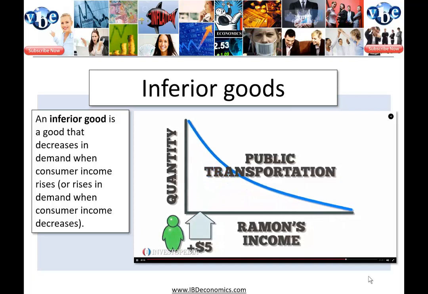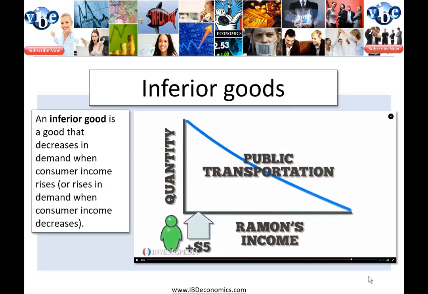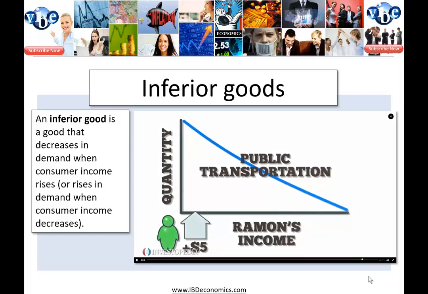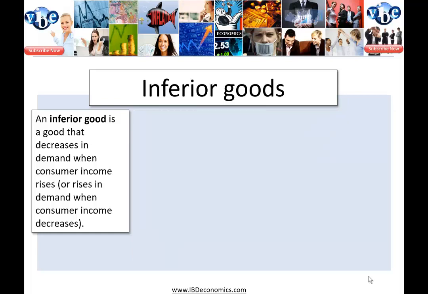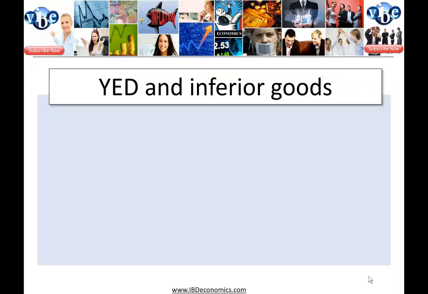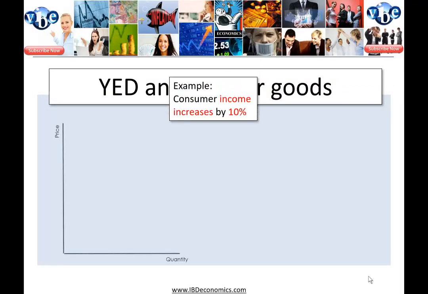Therefore, the elasticity demand curve for public transportation is much flatter because it takes a large increase in income for demand to drop. So let's have a look at YED and inferior goods. Consumer income increasing by 10% again.